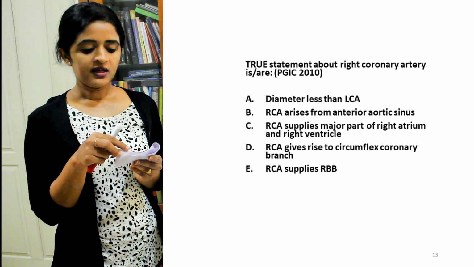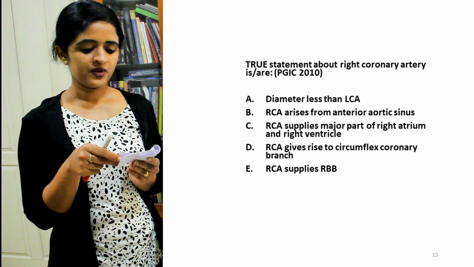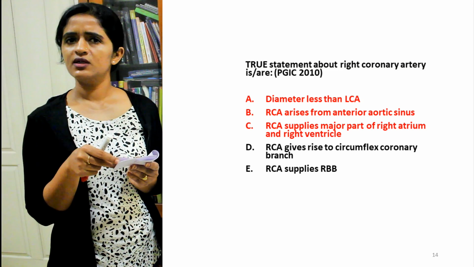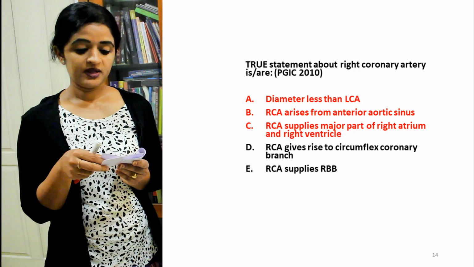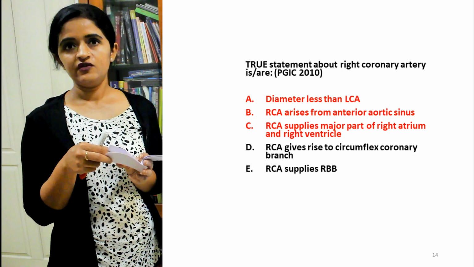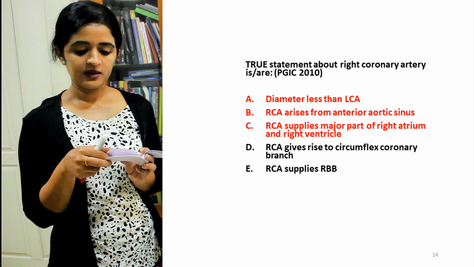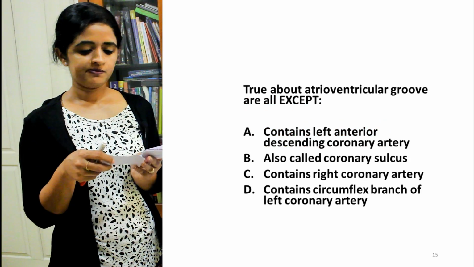Yes, it is true. Right coronary artery supplies major portion of the right atrium and ventricle. Again, it's true. Right coronary artery gives rise to circumflex coronary branch. No, it is from the left coronary. Right coronary artery supplies right bundle branch. We have already seen a question. It is by the left coronary. The right bundle branch is supplied by the left coronary. So, A, B and C are correct.